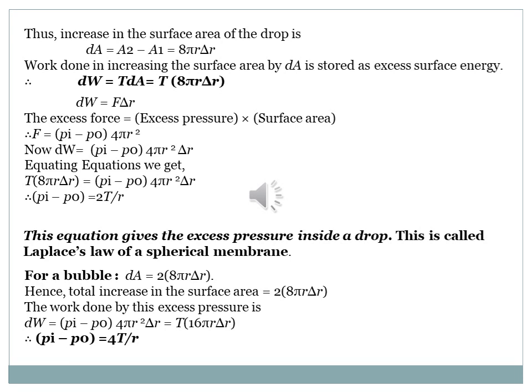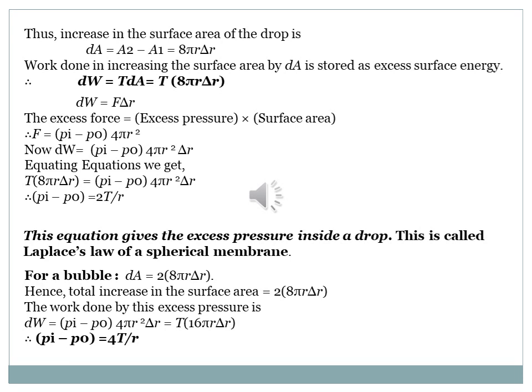Alright. But what is the basic formula for work done? Work done is nothing but force into displacement, right? What displacement has happened over there? Displacement is delta r. So dW is nothing but F into delta r. Then what will be the excess force? Excess force is nothing but excess pressure into surface area. So F is equal to Pi minus P0 into the initial surface area we are going to consider, that is 4 pi r square.